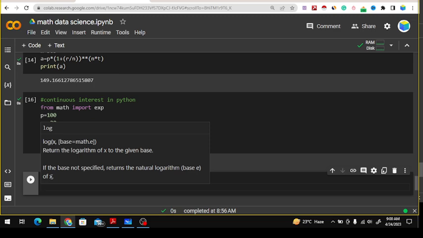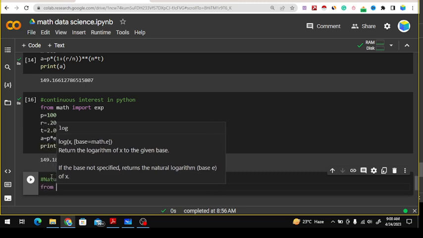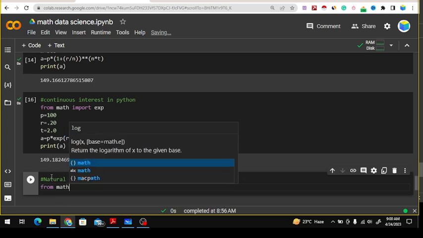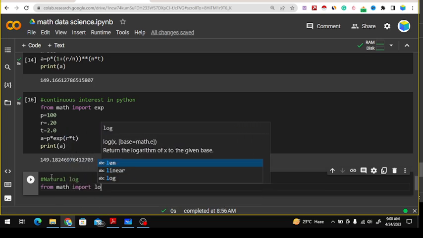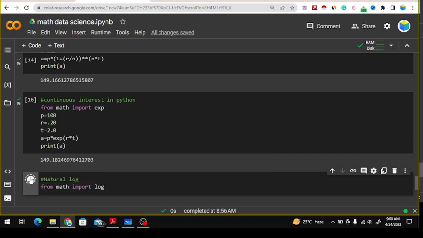So e raised to what power gives us 10? From math import log. Let's check it.